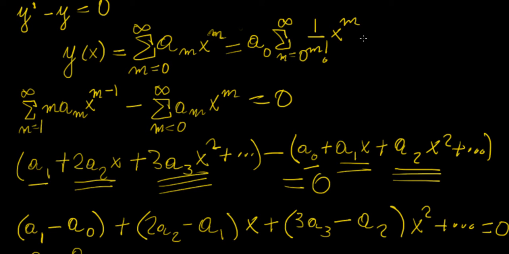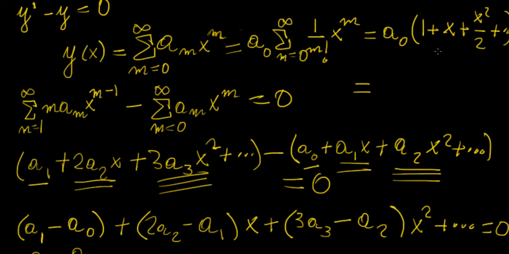Now, what's this going to be equal to? Well, this is going to be equal to a0 times 1 plus x squared over 2 plus so forth all the way to infinity.